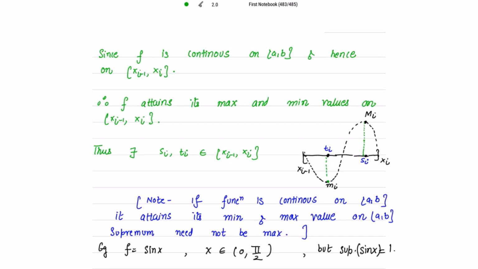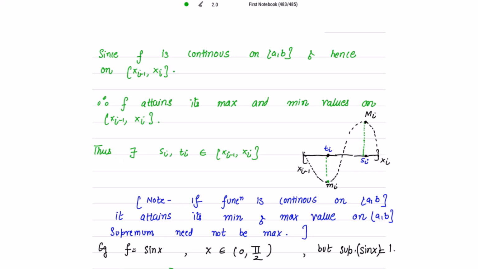So there exist these points such that capital M_i is equal to f(s_i), and small m_i is equal to f(t_i).